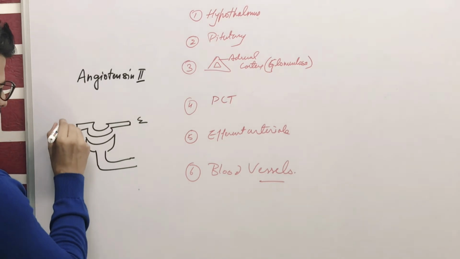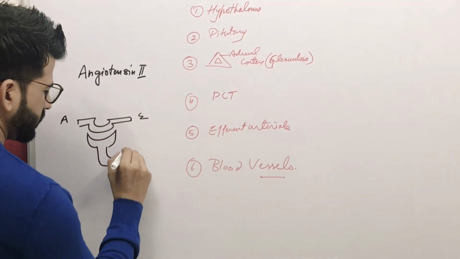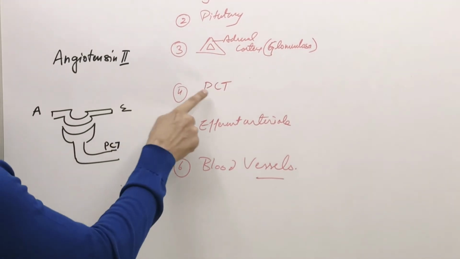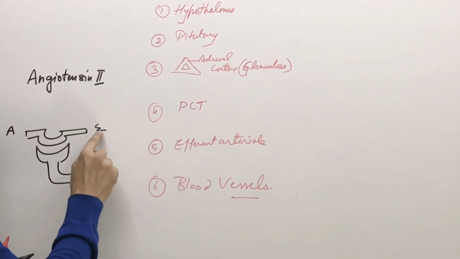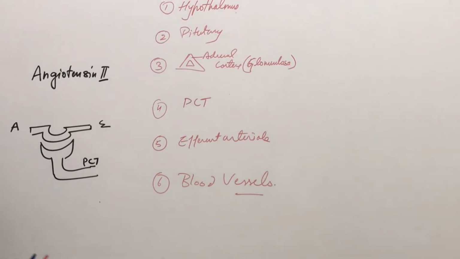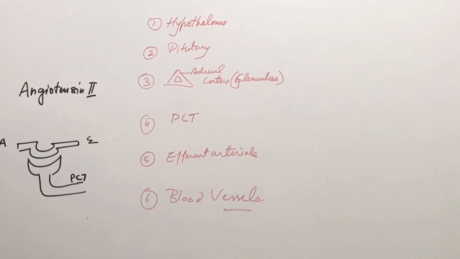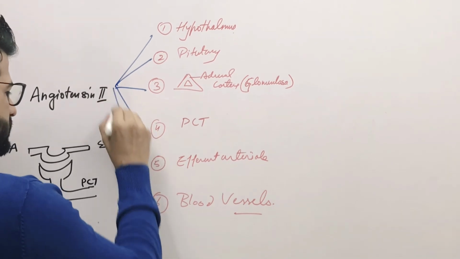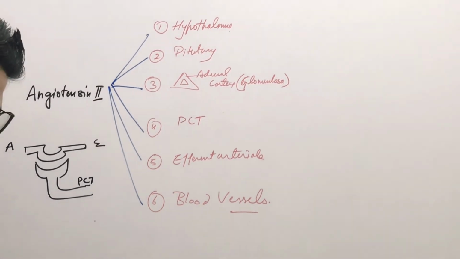This is your efferent arteriole, and this is your PCT, proximal convoluted tubule. So it is acting on the PCT, it is also acting on the efferent arterioles and various blood vessels of the body.